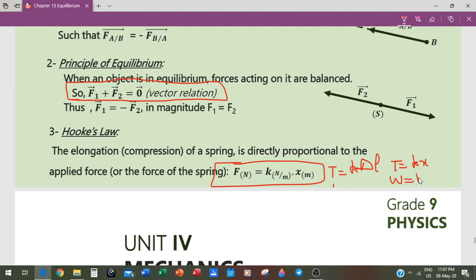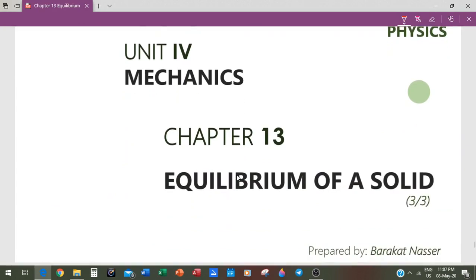What matters is that X or delta L means elongation. When we see tension and weight, in equilibrium they are equal to each other. F is the applied force in general on this spring.